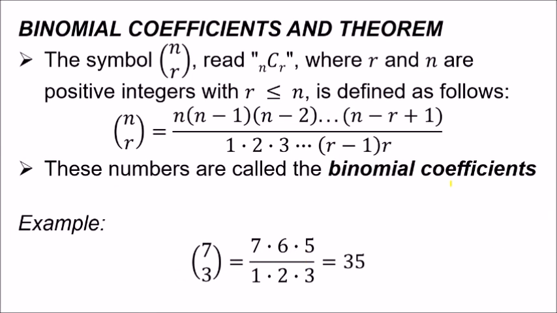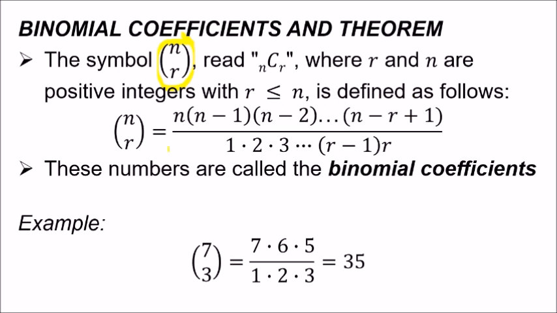This time, let's discuss binomial coefficients and theorem. You can see this symbol, n over r inside open and close parentheses, which is actually the binomial coefficient. It is read as nCr or n combination r, where r and n are positive integers with r less than or equal to n.